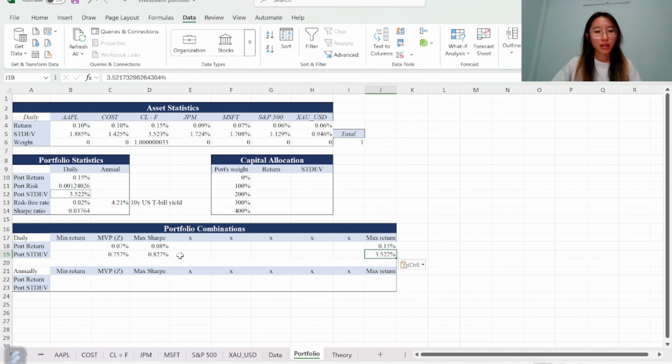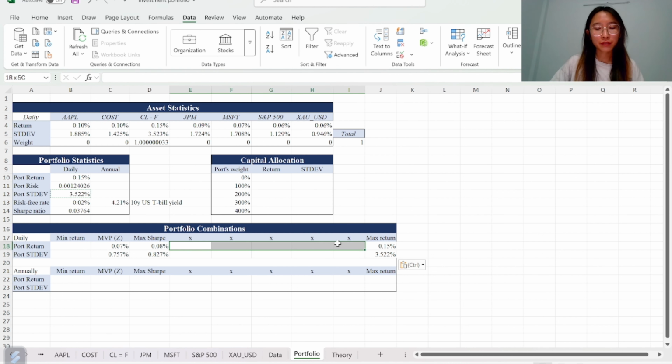You can see that I have the 5 empty columns here, and what I will do with this is assign each of these portfolios a standard deviation and then find the maximum returns that the portfolio could give us.